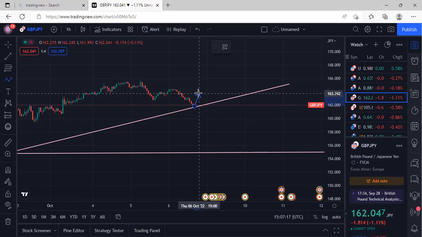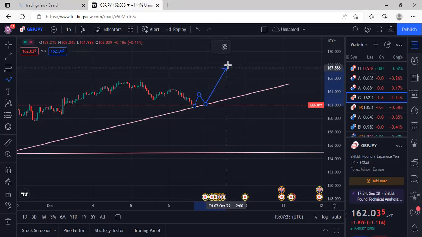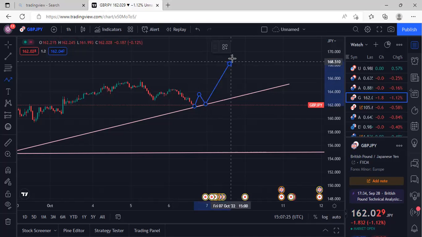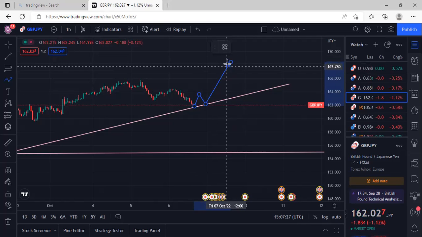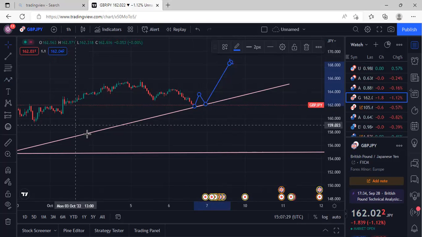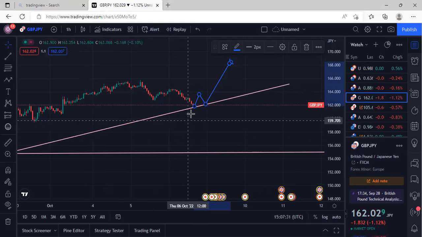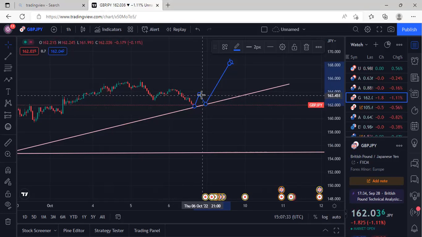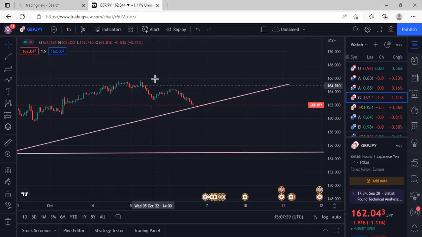Once you see the market going back to the other side, it will maybe come and retest that trend line and shoot its way back up. If it doesn't break to the downside, we will wait for the market to do some upside move, come and retest, and then we take the market back up. That's how we trade using trend lines.